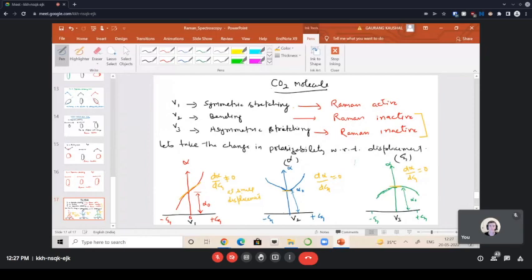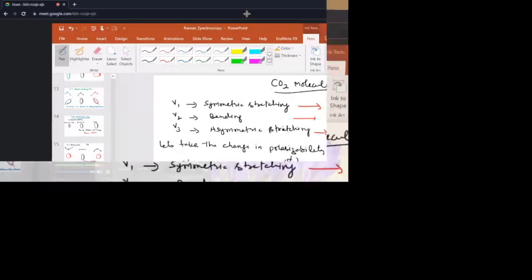A similar discussion can also be applied to the H2 molecule. The slope will be slightly different in the case of the bending and asymmetric stretching modes as compared to the CO2 molecule. In H2 molecule, for the bending mode and asymmetric stretching mode, the slope will have some value. In CO2 molecule, it's not there.